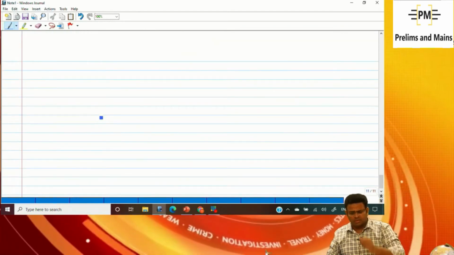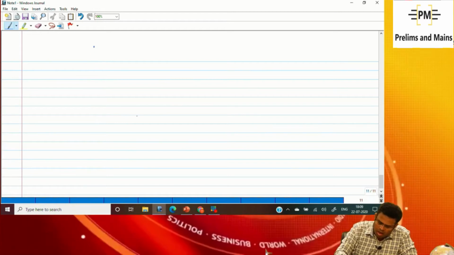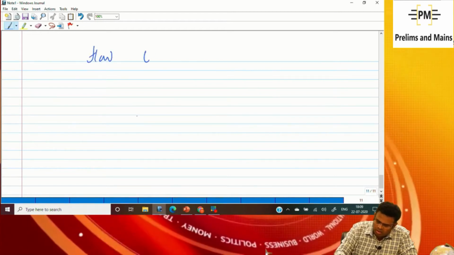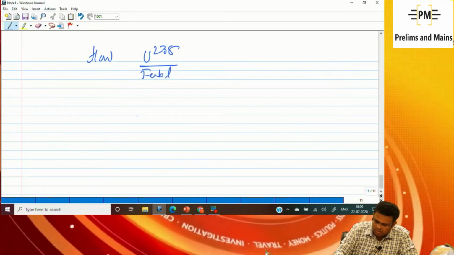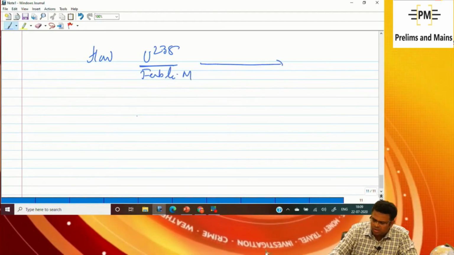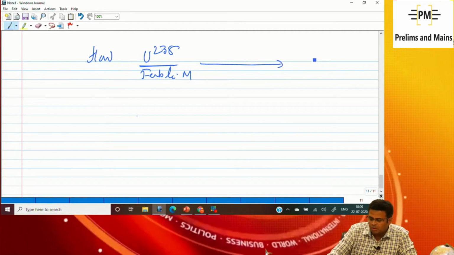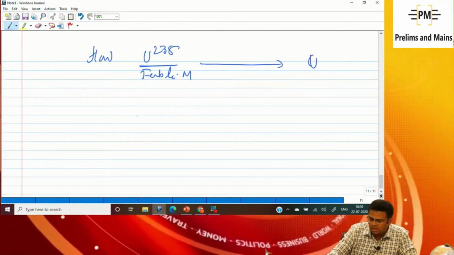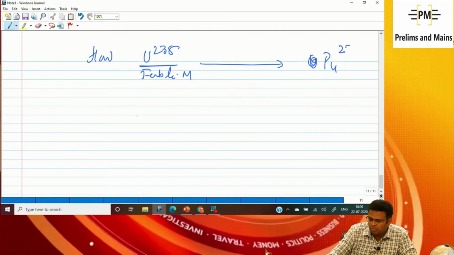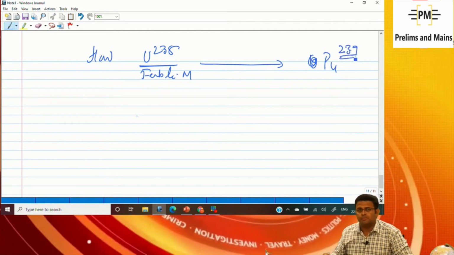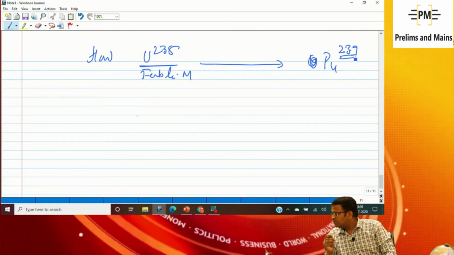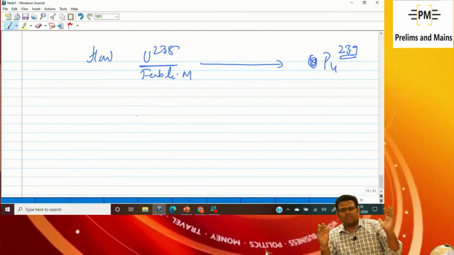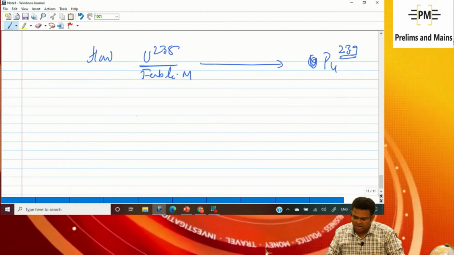Now my question is, how uranium-238, a fertile material, converts into plutonium-239. Perhaps you remember, beta, a neutron is colliding with the chamber.